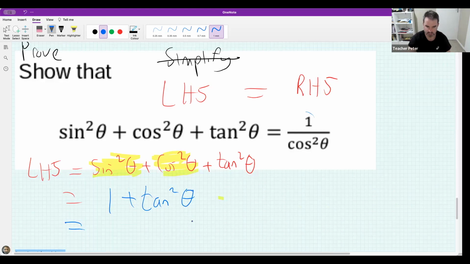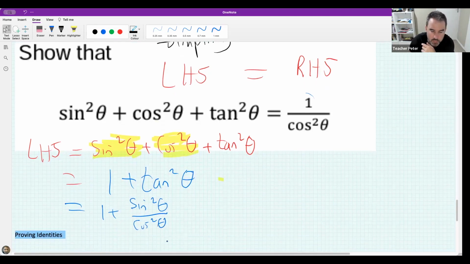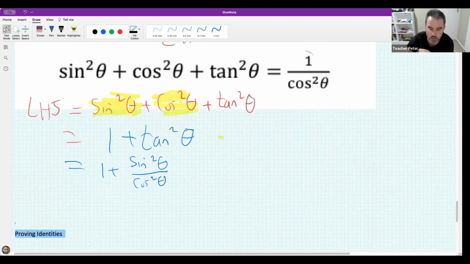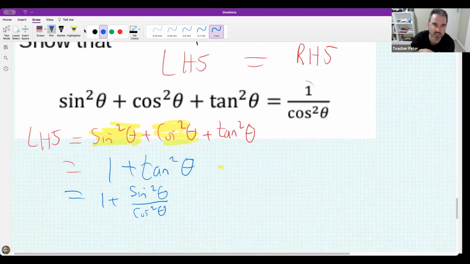What should I change? What could I change to help me here? Change the tan to sine over cos. Yes. And because this is a squared, I need to make this sine squared theta over cos squared theta. Okay, we're getting warmer, much warmer, but we're not there yet. If we look at where we are going, the promised land is 1 over cos squared theta.